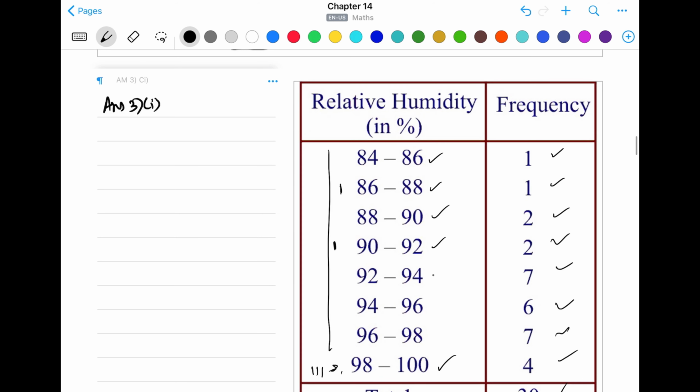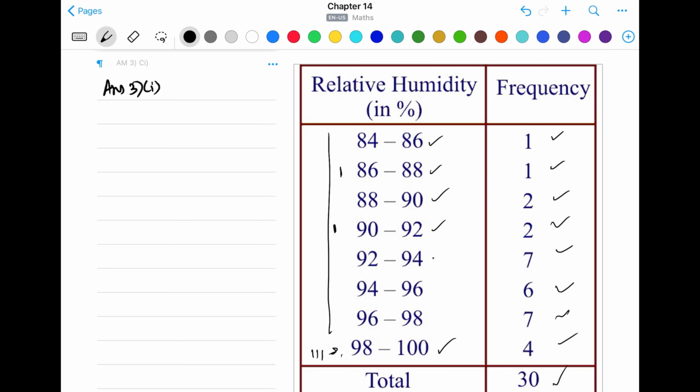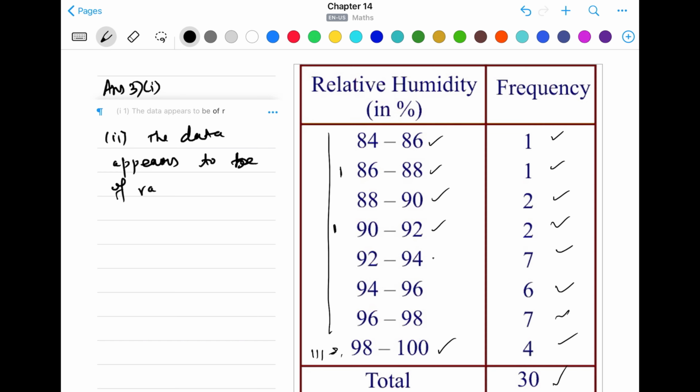So this can be the month of any rainy season. So the answer for the second part is that the data appeared to be of rainy season.